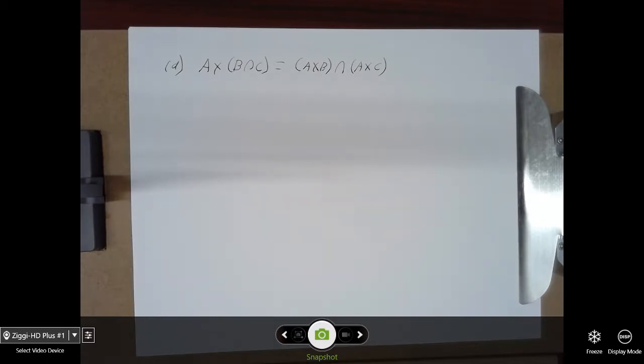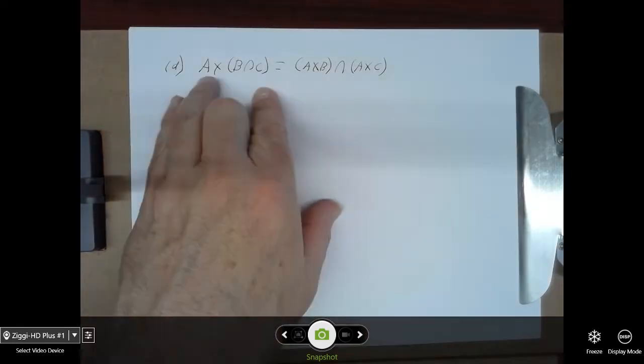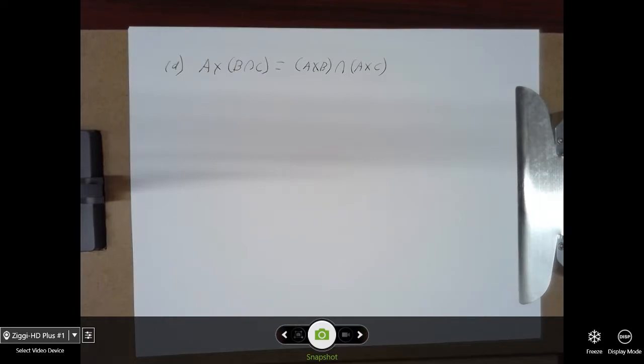Well, anytime you're doing cross products, your sets are going to grow. And if set A has 5 elements and set B has 6 elements, the cross product is going to have 30 elements. So you probably want to pick small sets to work with, but not so small that they're uninteresting. I could take the empty set for A, B, and C and show that this is true, but do something a little more interesting.